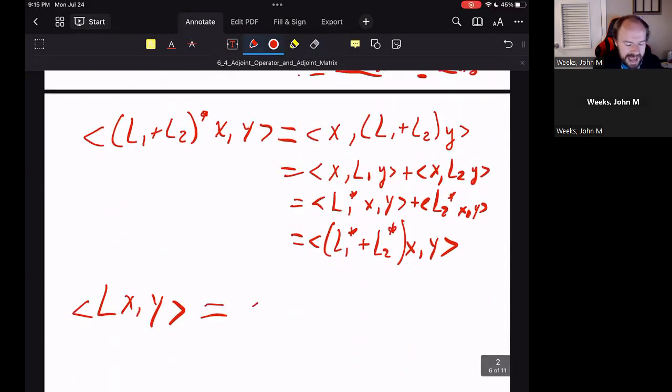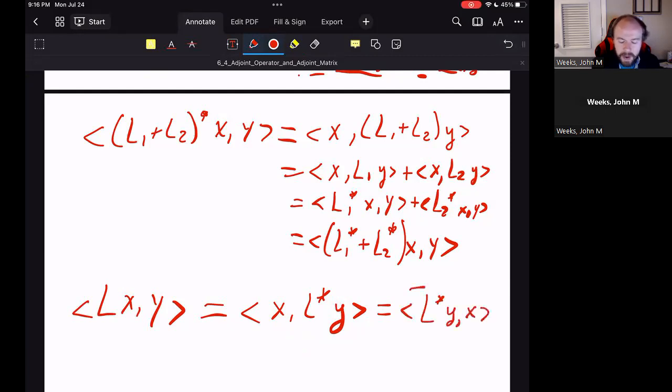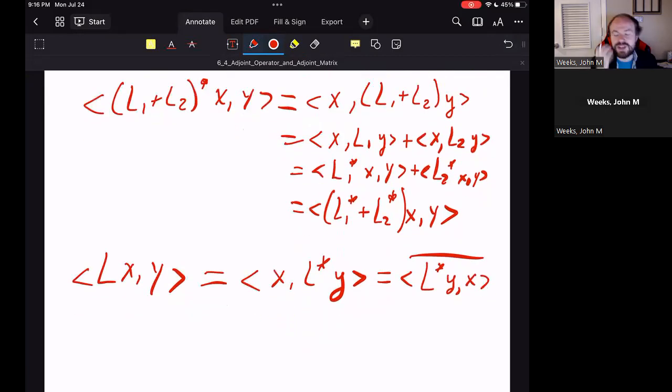We can write this as x comma L star of y, thanks to the definition of adjoint here. And then remember that I can flip the position of the first and second arguments at the cost of potentially needing to add a bar, a conjugate, to this value.